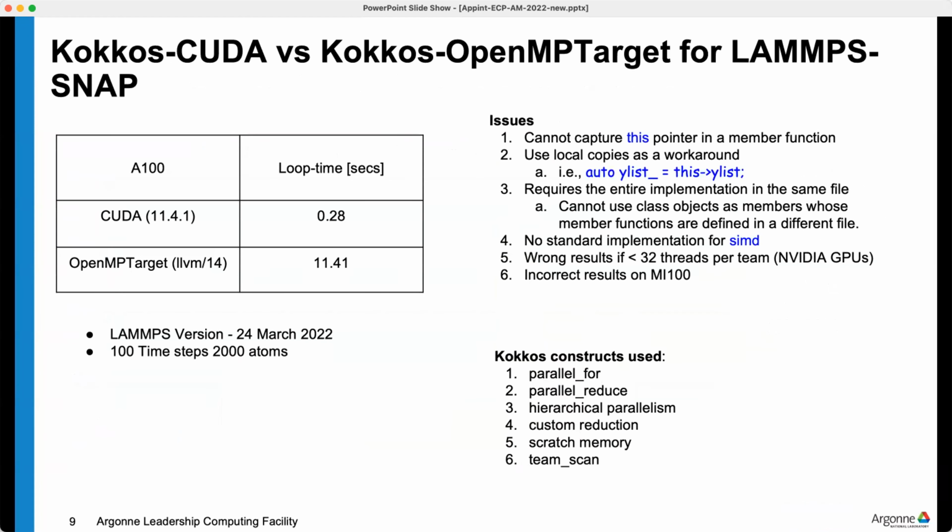This is the performance that we have observed when running the actual LAMMPS SNAP potential with the OpenMP target backend on NVIDIA's A100 GPU. Until now, we were only able to run the SNAP potential from the actual LAMMPS package only on NVIDIA GPUs.